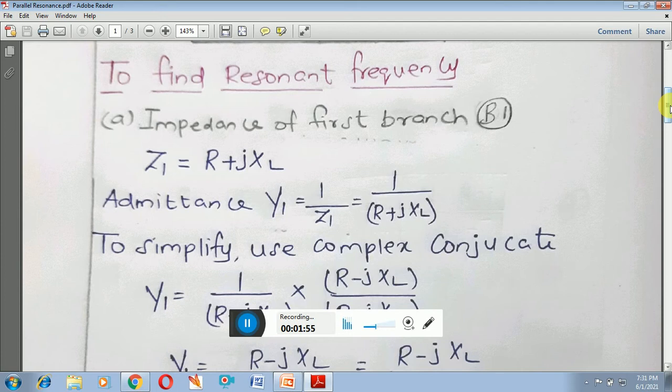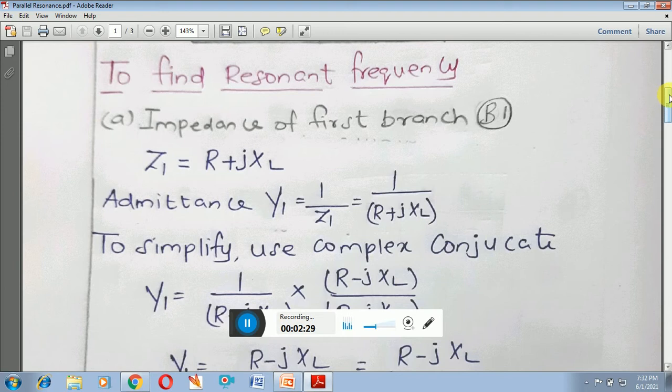R is the resistance offered by the resistor and XL is the inductive reactance. Now from that impedance Z1, you can write the admittance Y1 as Y1 equal to 1 by Z1, which is the reciprocal of impedance Z1, equal to 1 by R plus j XL.